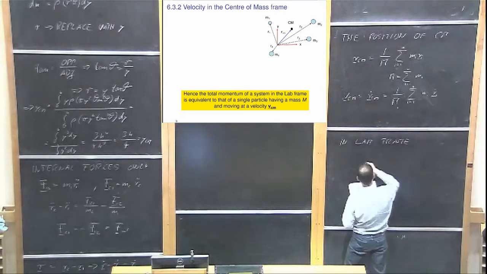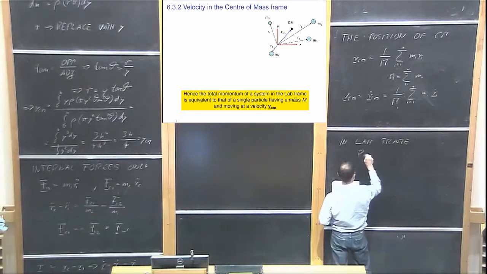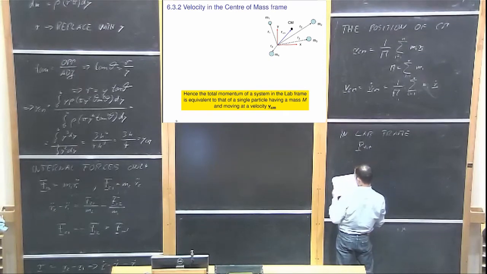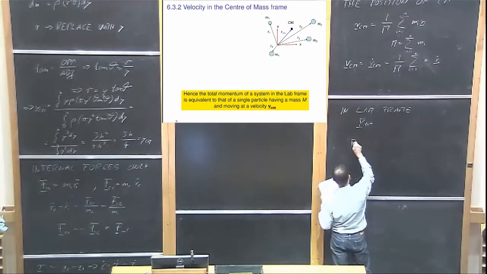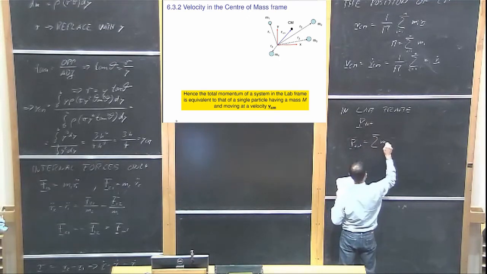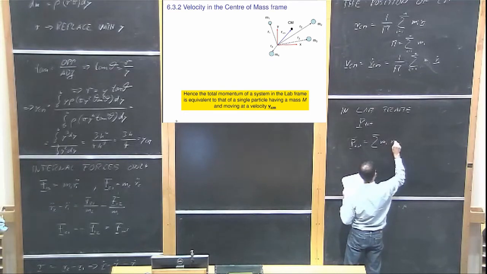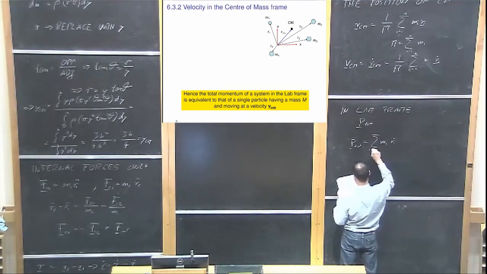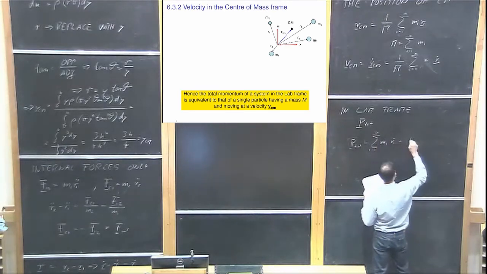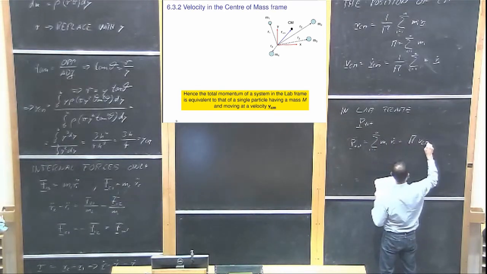the total momentum, P total, is given by P total equals the sum over m_i r_i dot, i equals 1 to n, equals m V_CM.